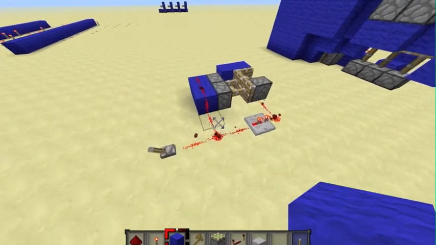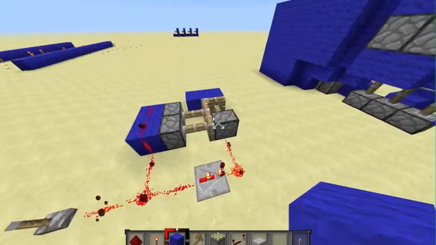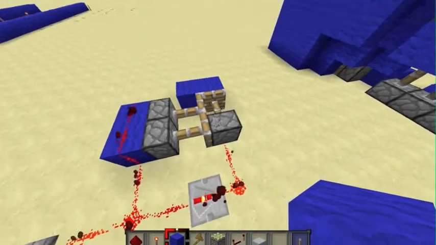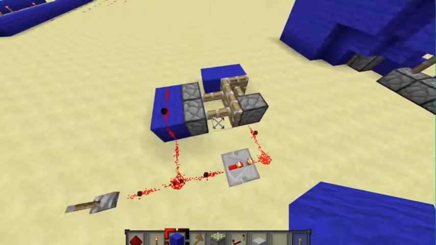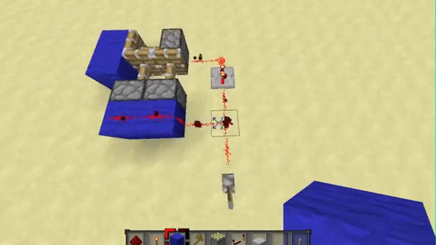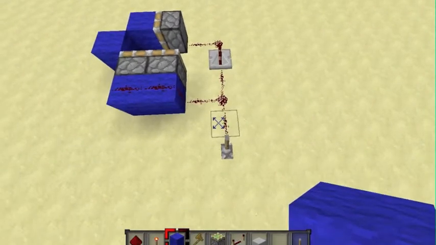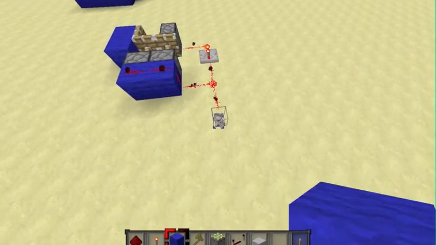Well, the problem is that the signal is actually going to arrive here before it has time to retract from here. So yeah, that's the problem that you run into when you make something like this. And it's unavoidable. And if we flip this lever, sure enough, you can see it doesn't retract.